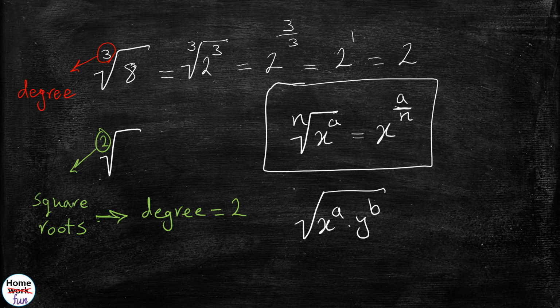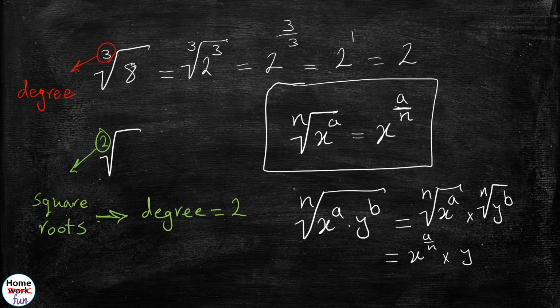First of all you can separate this into nth root of x to the a multiplied by nth root of y to the b. And then separately, the first term is x to the power of a over n times y to the power of b over n. So the degree of the root is what goes to the denominator of that exponent.